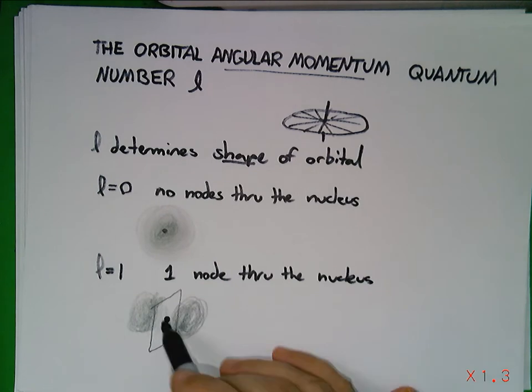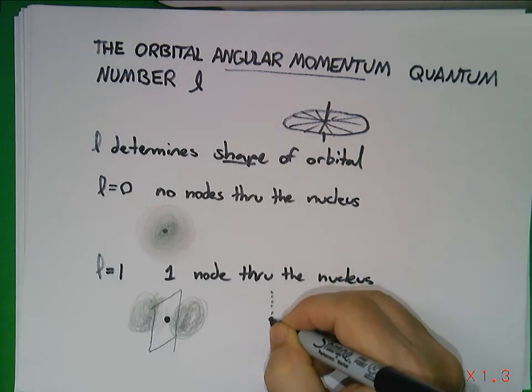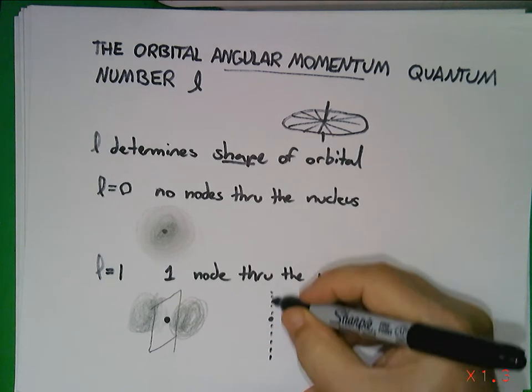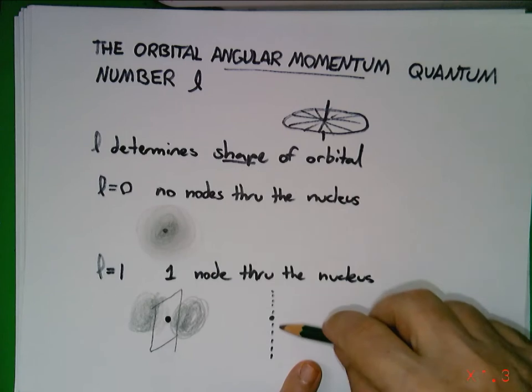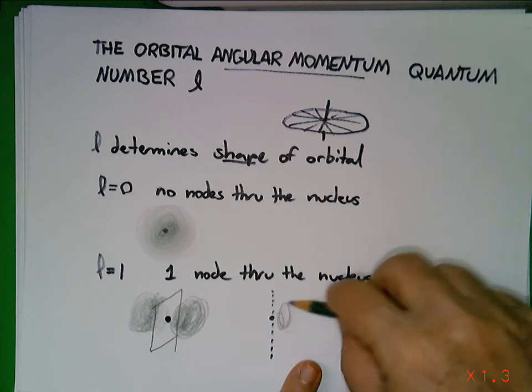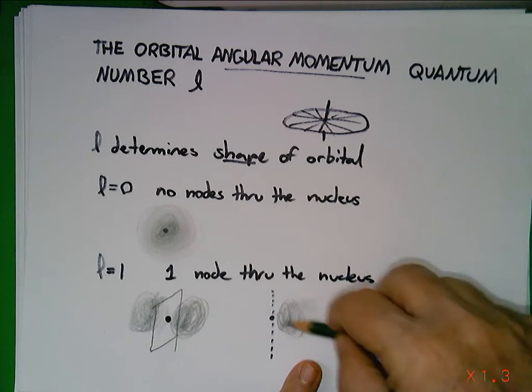Now, let me draw it another way, so that we're seeing the sheet edge on. So there's the node. And if I'm looking at these two clouds, they're like two lobes, going to look something like this.